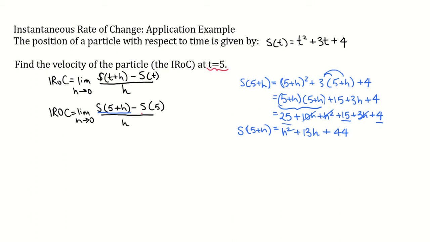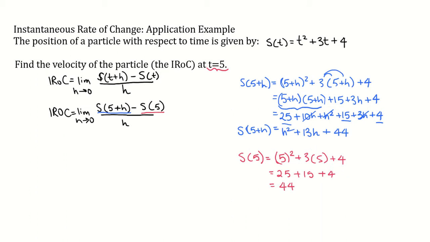Let's also find s of 5, which is 5 squared plus 3 times 5 plus 4, which is 25 plus 15 plus 4, which is 44.